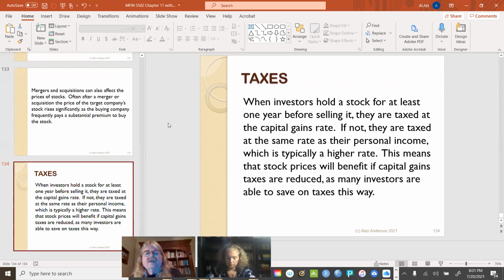They definitely have an influence on stocks because, as you may know, if you hold a stock for at least 1 year and sell it at a profit, the tax rate is not your own personal tax rate, but the capital gains tax rate, which is often lower than personal tax rates. Although it depends, it changes. The government can't stop fooling with it. But when capital gains taxes are relatively low, that tends to give strength to the stock market and vice versa.